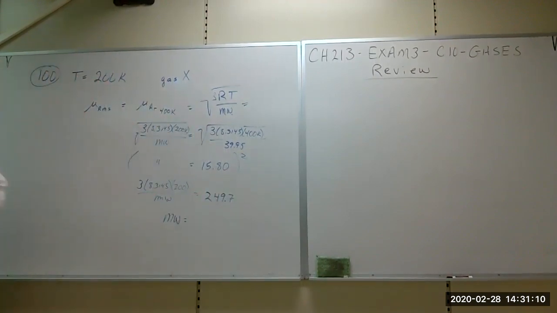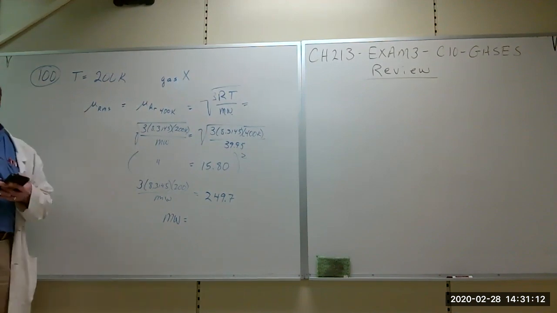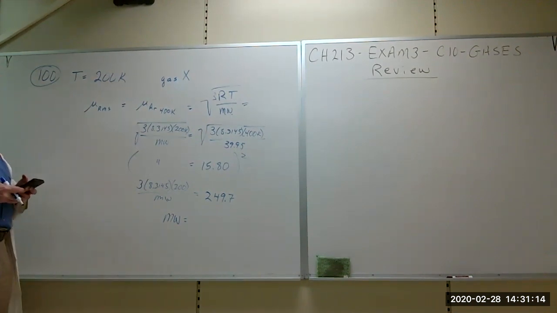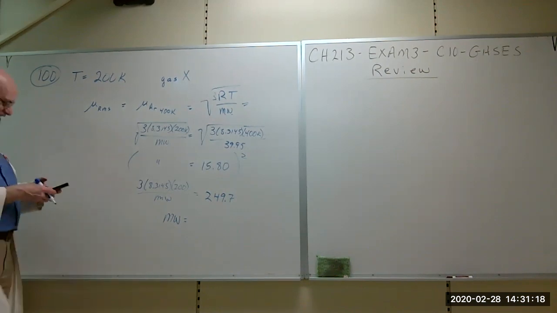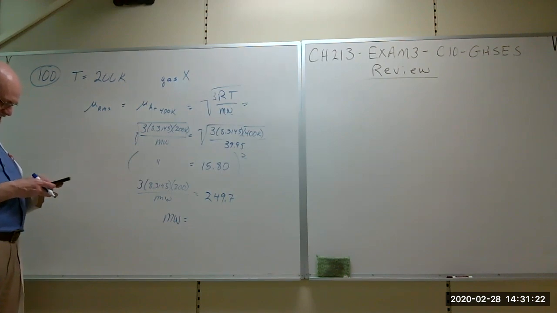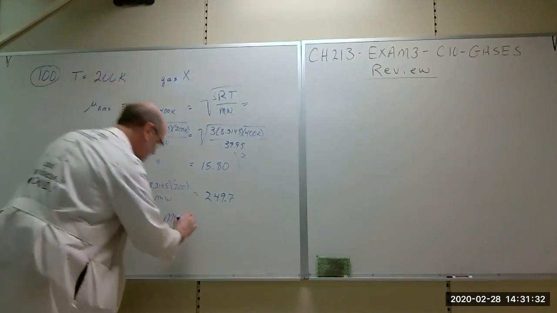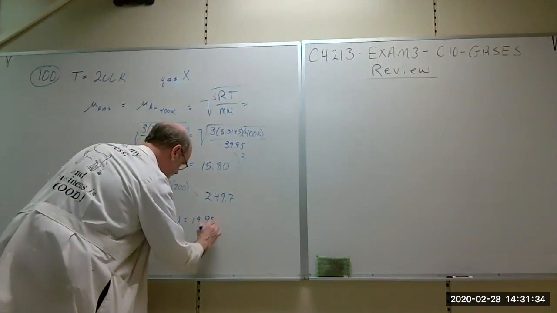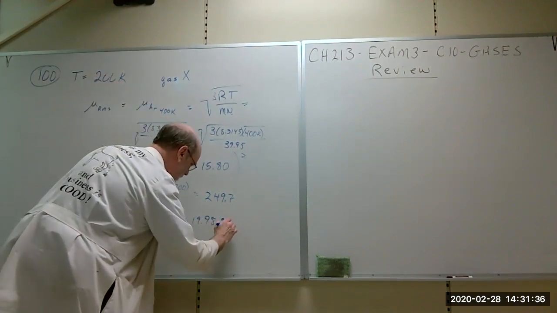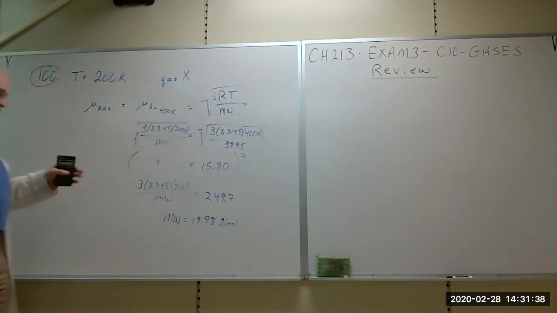I was off by a decimal. It just didn't look right. 15 squared is only 200. Okay. Let's try this again. That's better. 19.98 grams per mole. That's our target molecular weight.